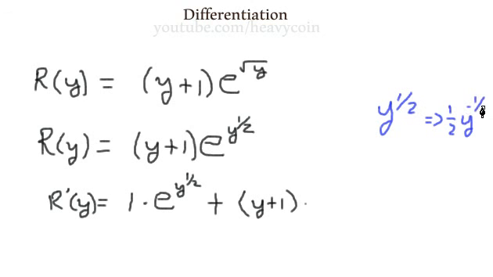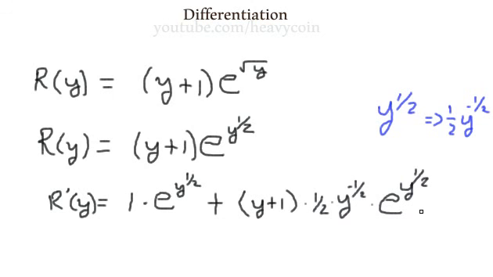That gives us negative a half. So bringing the half out front times y to the negative a half, right, times, and then we're just rewriting this whole part here, e to the y to the half.